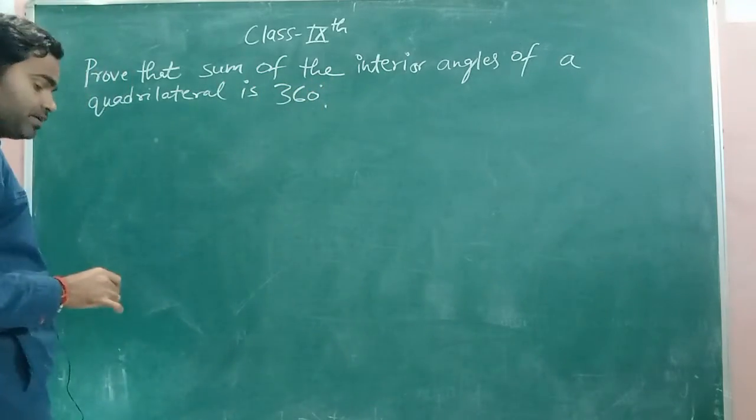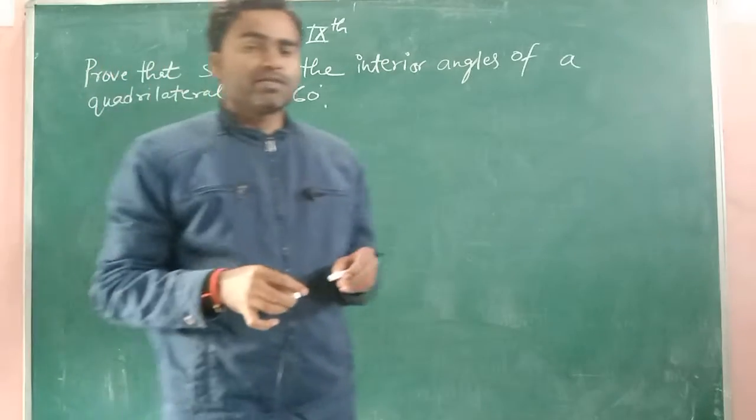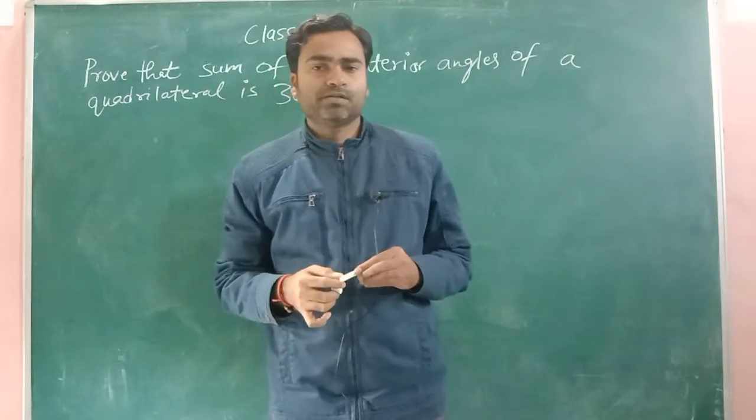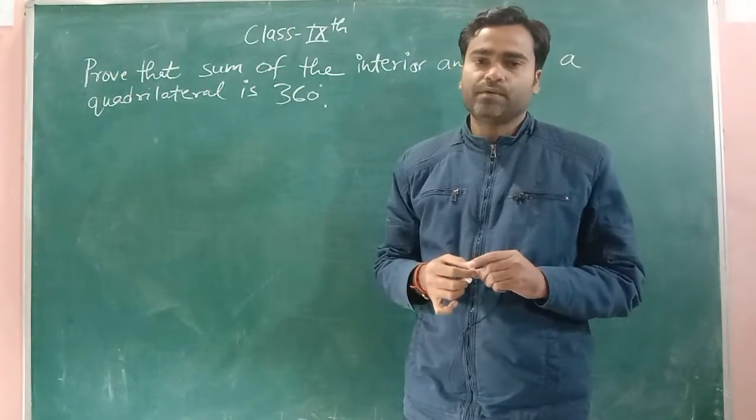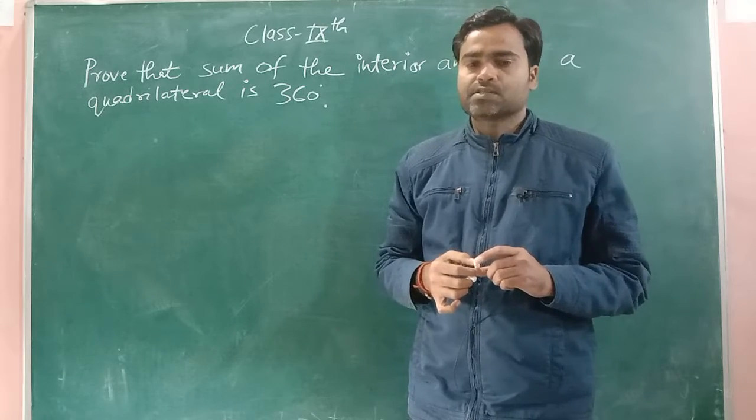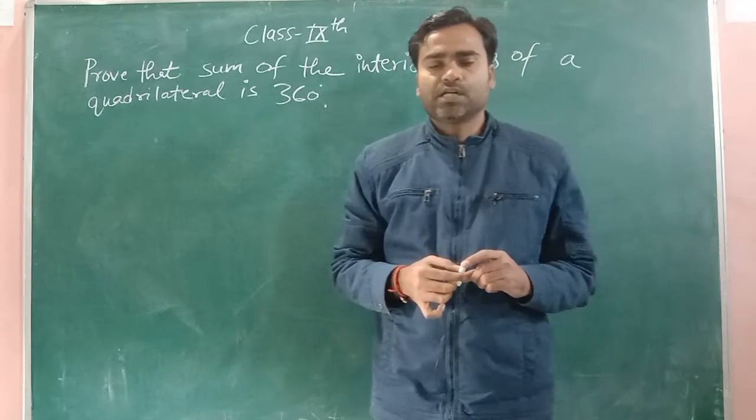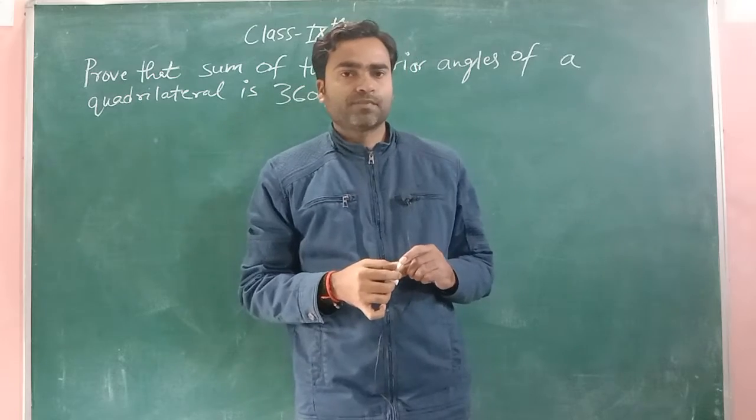It is a property you have known since class 6, 7 or 8th, but in 9th you have to prove it, that the sum of interior angles of a quadrilateral is 360 degrees.